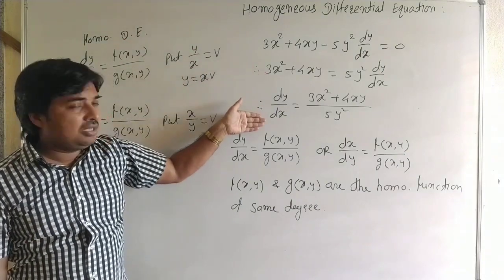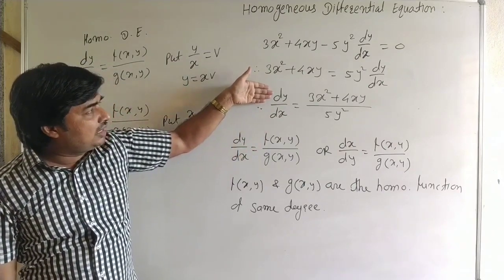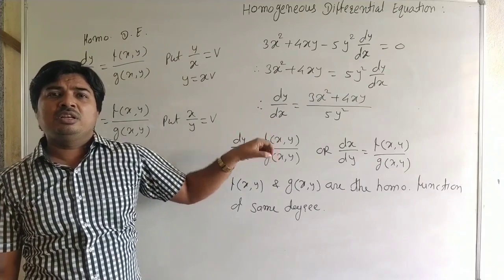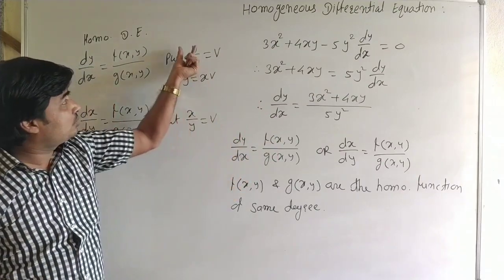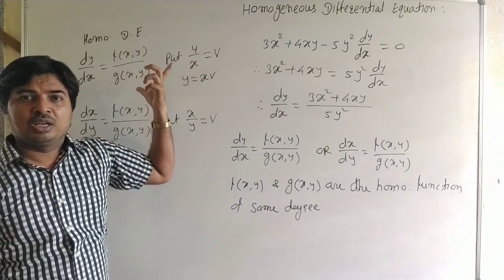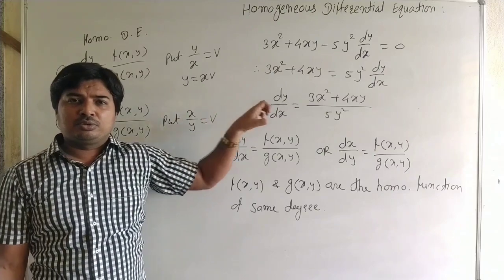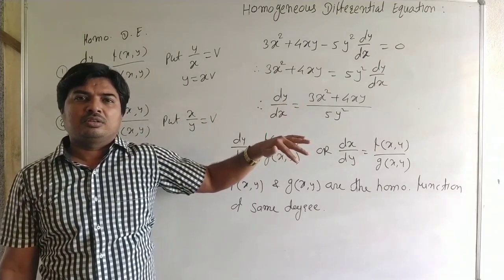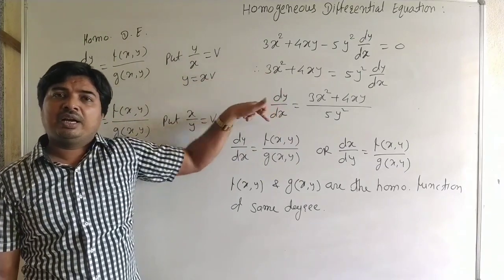Here we write dy by dx, and it is easy to write dy by dx, so we generally use dy by dx, that means the substitution y by x. But in some problems, when we write dy by dx it is difficult to solve, so we convert this into dx by dy and solve.